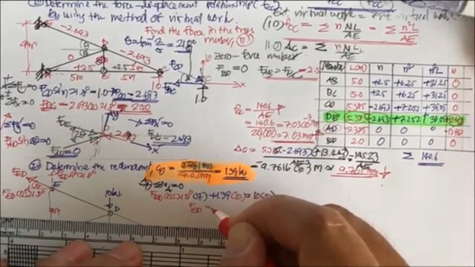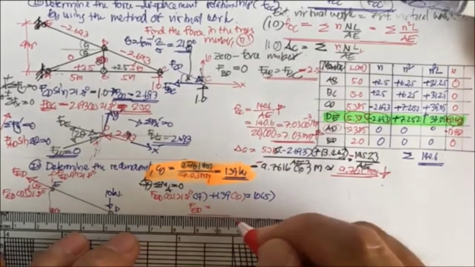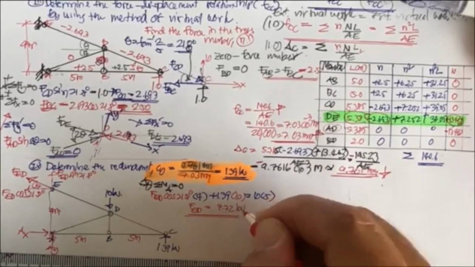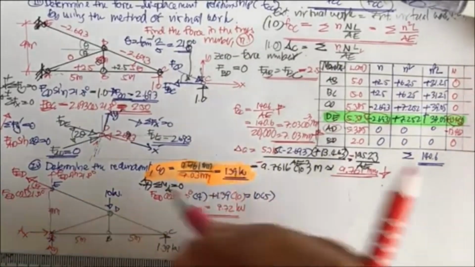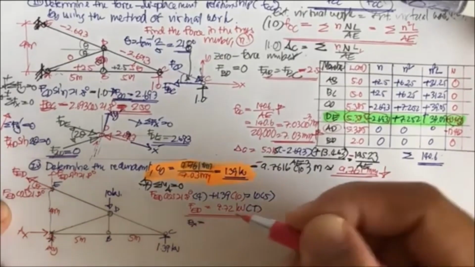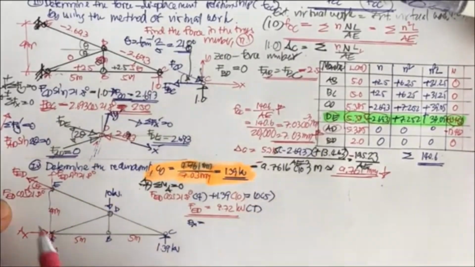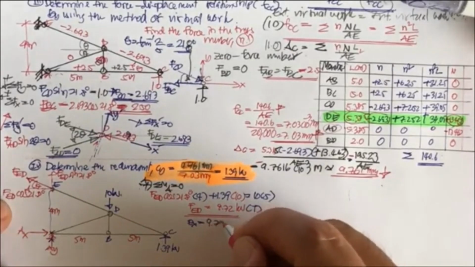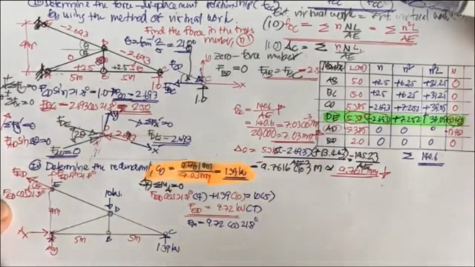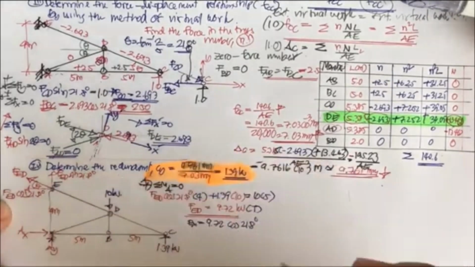F sub ED equal to 9.72 kilonewton, and take it out. So this is the T. Okay. And you may say, if you project this one, the E sub x is going to be 9.72 cosine 21.8. And you project this one, the E sub y.